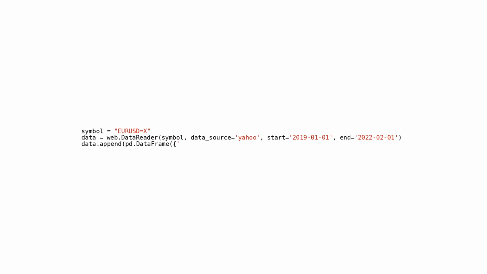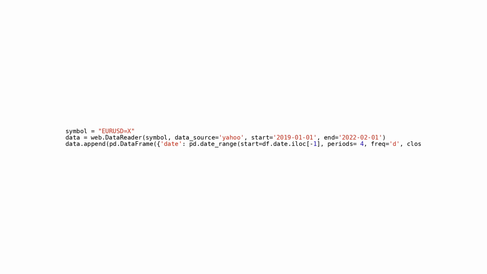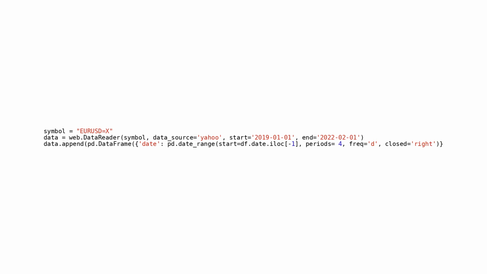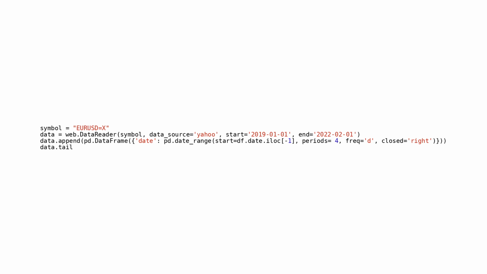This new dataframe includes a date range that starts from the last date of the existing data and extends 4 days into the future. 4. Finally, it shows the tail, last few rows, of the updated data. This code is utilized to acquire financial market data for analysis or visualization purposes. By accessing historical stock market data, one can examine trends, patterns, and make informed decisions regarding stock trading or investments. The extra dataframe with future dates can be beneficial for forecasting or visualization purposes.